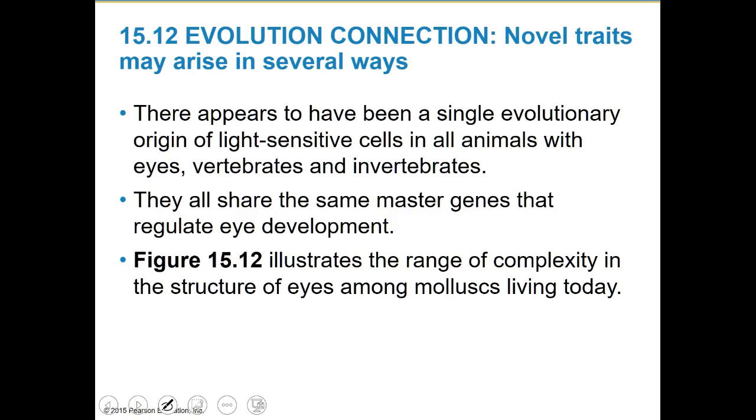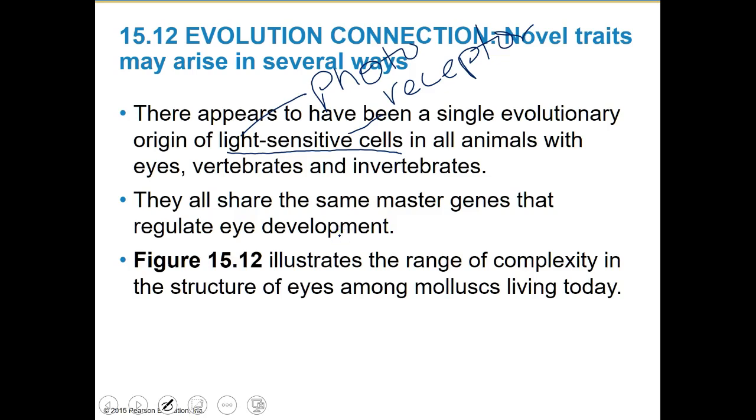So there appears to have been a single evolutionary origin of light-sensitive cells. That would be photoreceptors, because photo is light, and then sensitive is the receptors or the receivers. So photoreceptor cells have a single origin with all these animals, and they share the same master genes that regulate eye development.